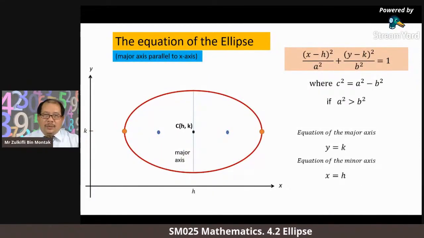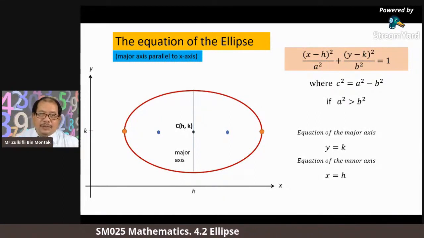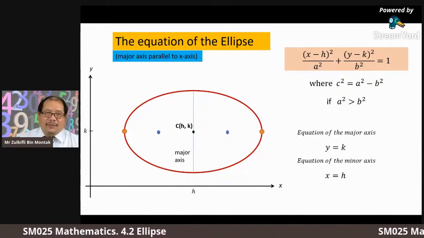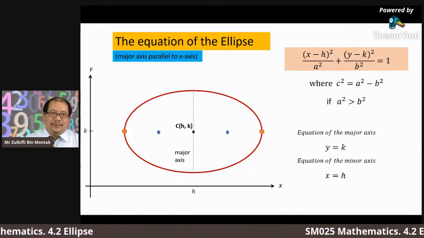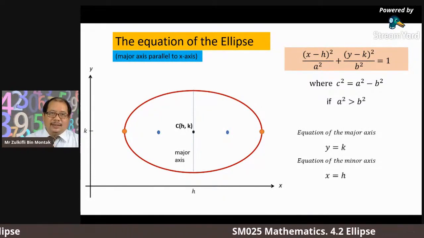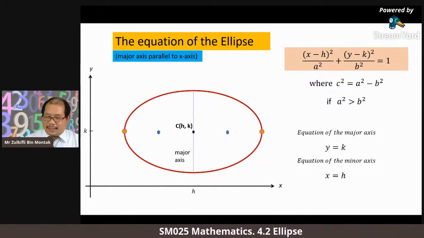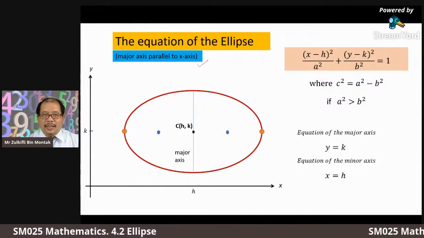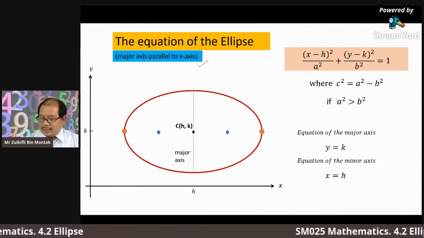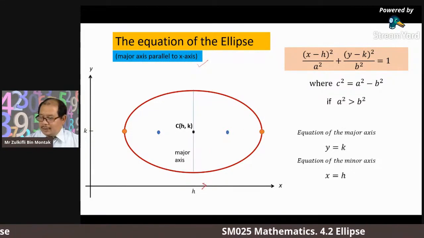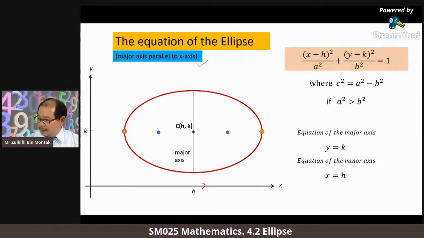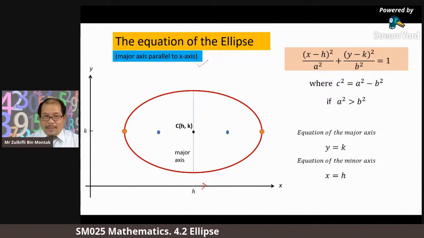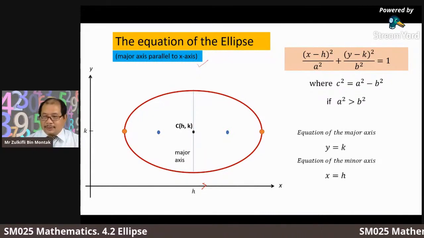Now we go to the equation of the ellipse. We have two types of ellipse. First, an ellipse with major axis parallel to the x-axis. This is the x-axis, and we have a major axis parallel to the x-axis.